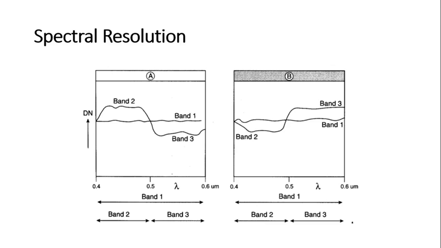Thus, a multispectral image involving bands 2 and 3 can be used to differentiate the features A and B. We can't generate a major difference when it is single banded, when we only see band 1. Just imagine that you are only viewing band 1 and not bands 2 and 3. But when you view band 2 and band 3 output along with band 1, you can clearly see the difference.